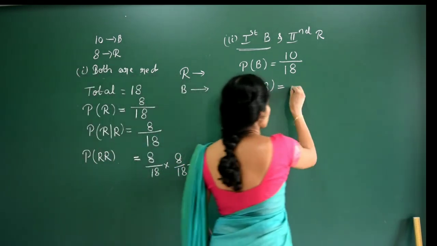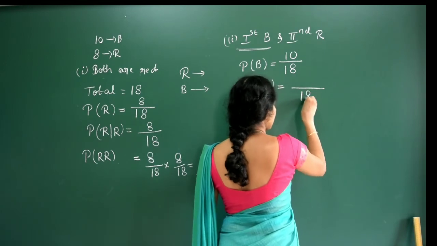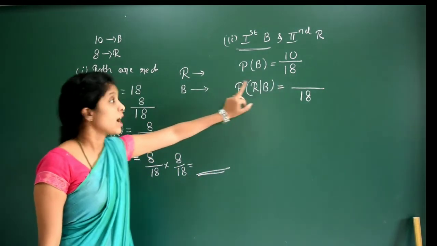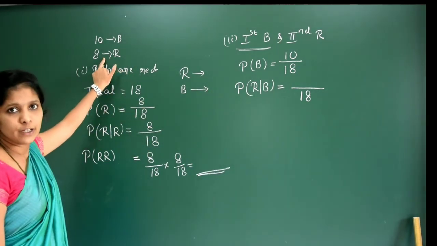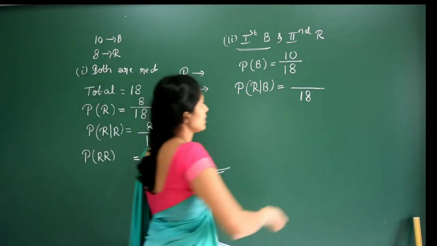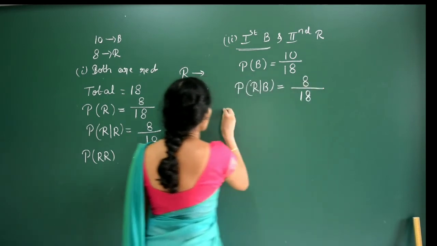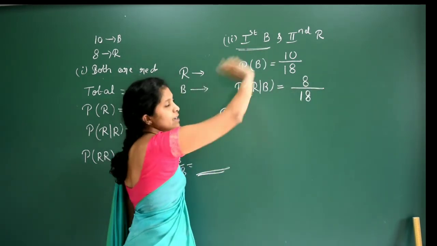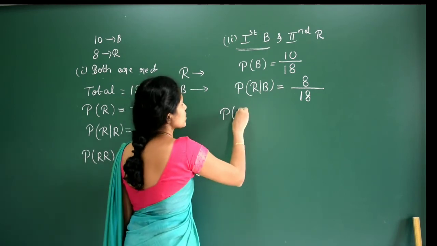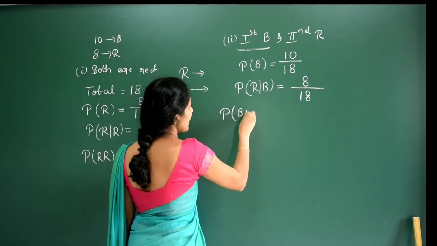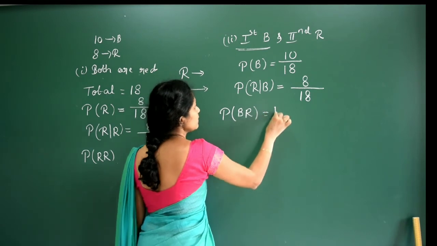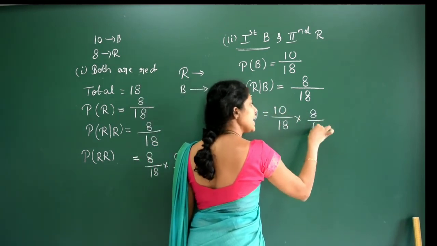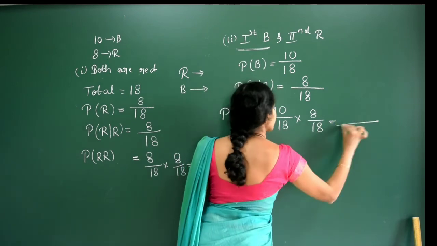The number of red balls is 8. So the probability of getting the first ball black and the second ball red is 10 by 18 into 8 by 18. Simplify this and you will get the answer.